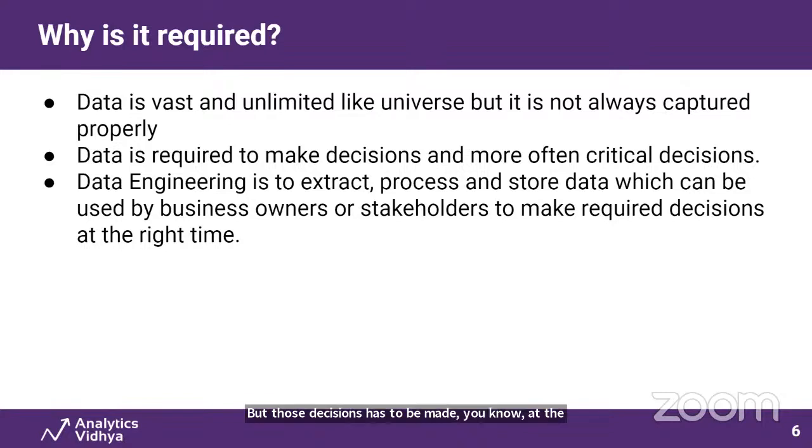If you are getting the data, but that data is transferred to the business owner a little late, then that data is not useful for the problem, right? So data has to be processed and captured, but at the right point of time, it has to be delivered also. Okay, I hope this makes sense. So data engineering is a process to extract, process, and store data for business users or stakeholders to make right decisions at the right time.